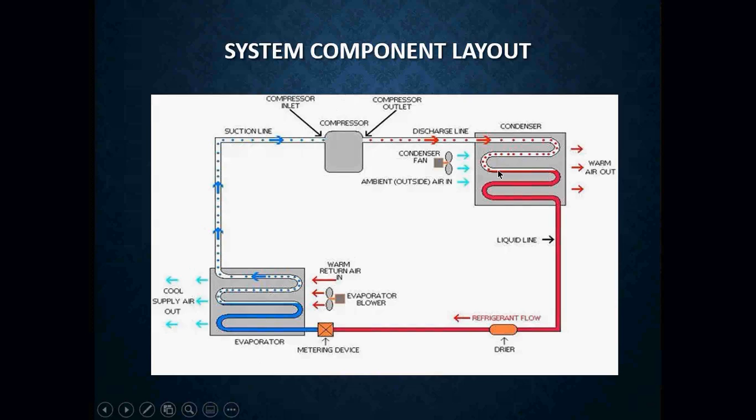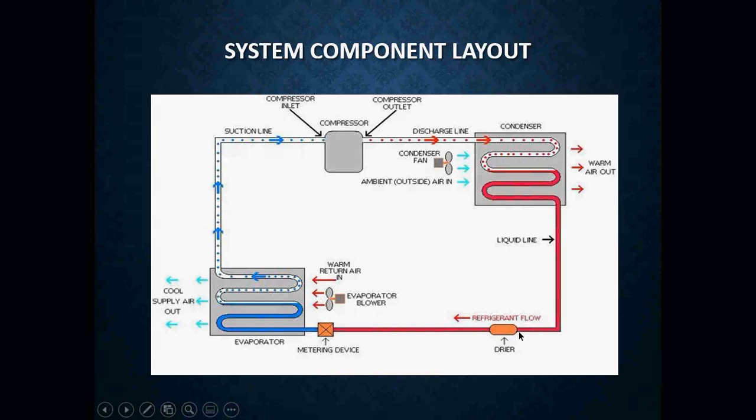As it rejects the heat, that saturation point begins to take place, where that high pressure, high temperature, highly superheated vapor turns into a high pressure, high temperature subcooled liquid. As it exits the condenser, it is now carried through our liquid line.